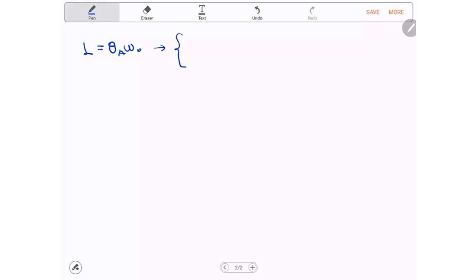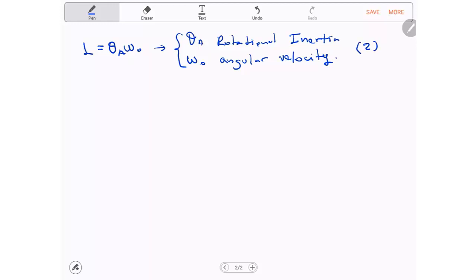Here theta a is the rotational inertia of the cube, and omega 0 is the angular velocity. Let's call this equation number 2.